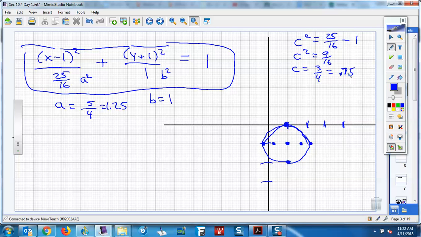Okay, so let's start writing some of this down. So our center is (1, -1). Our vertices are what? Now remember, we went from an x of 1 and we added on 5/4, right?